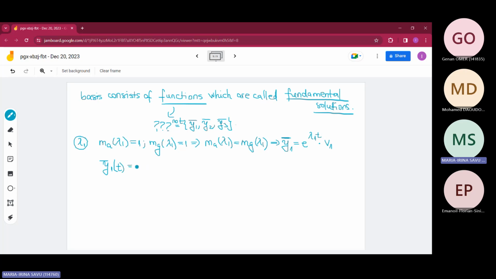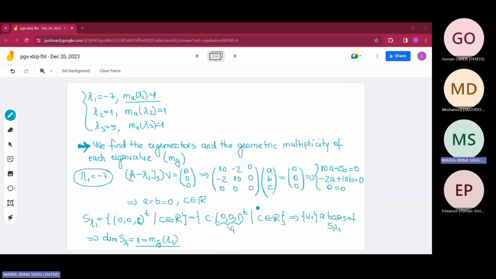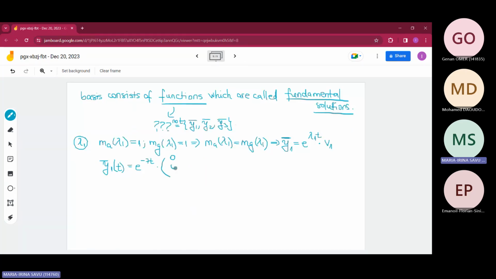And y1 of t will be e at lambda 1, which is minus 7, minus 7 t times a vector corresponding to lambda 1. We have found that the eigenvector corresponding to lambda 1 is 0, 0, 1, right? So this is 0, 0, e at minus 7t.